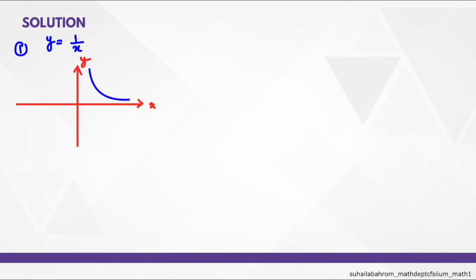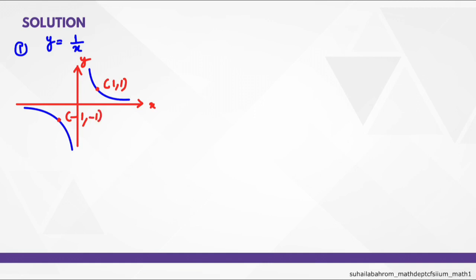We have the graph above the x-axis, and we also have a graph below the x-axis. The points that you choose must have 1 point from above the axis, so the coordinate here is (1, 1), and this one should be (negative 1, negative 1).